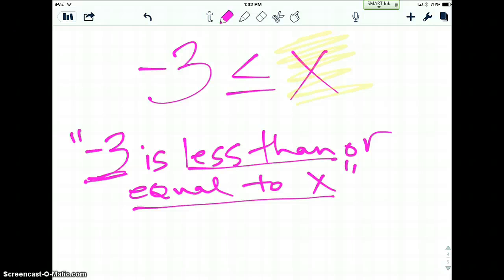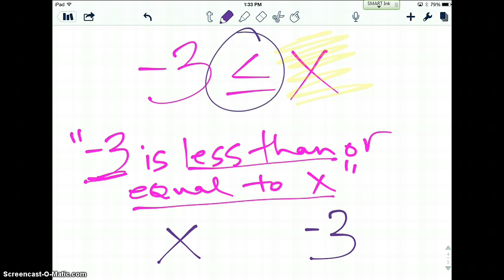If you don't like seeing it with the number out front, you could switch it around. It's always nicer to have the variable on the left. So I'm going to switch it, and I'm going to put the variable here, and put the -3 here. But if I switch those, then I'm going to have to switch this. So instead of less than or equal to, it's now going to be greater than or equal to.